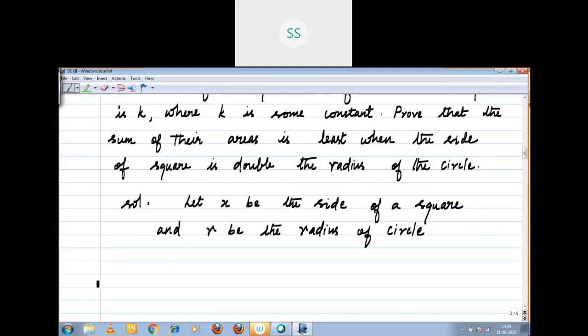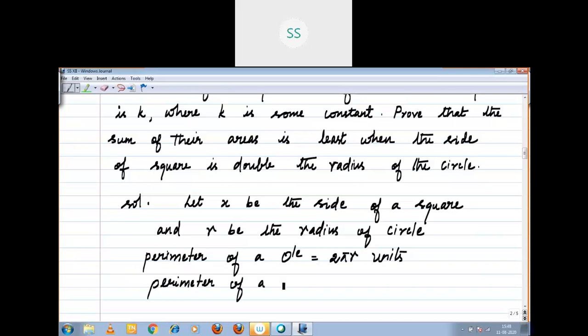Now, the perimeter of a circle, or circumference, both have the same meaning, equals 2 pi r units. Perimeter of a square equals 4a units. Here we are assuming a as x, so 4x units.